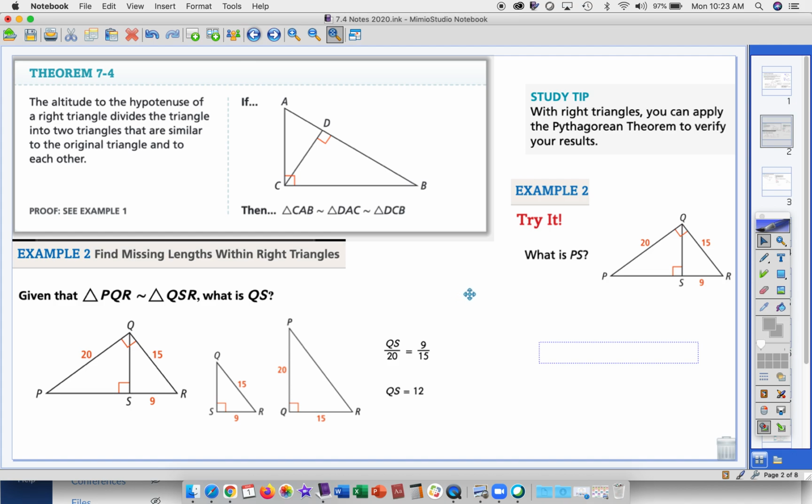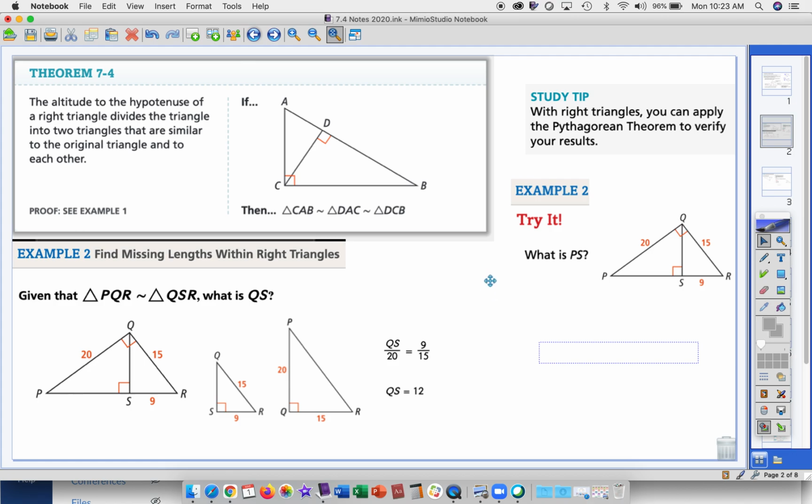And QS should equal 12. So, study tip: with right triangles, you can apply the Pythagorean theorem to verify your results. Meaning, find the length of PR and then compare that ratio of PR or QR over PR to see if it's the same as the other ratios.